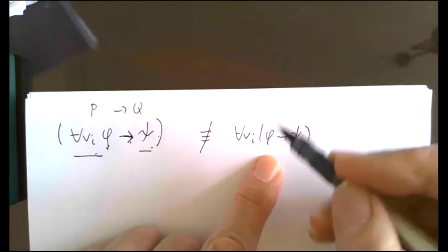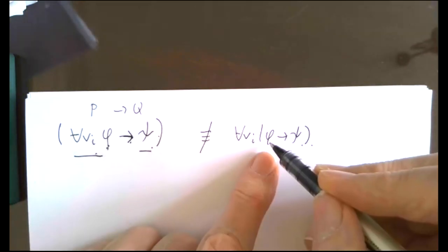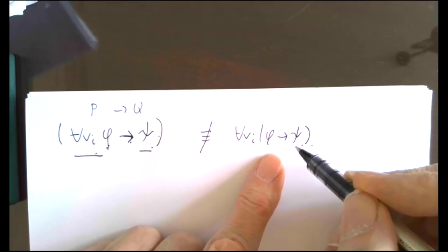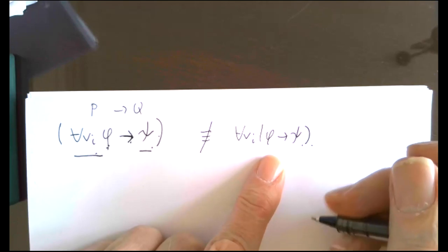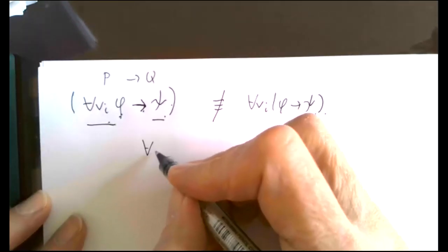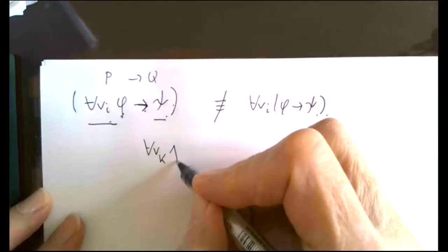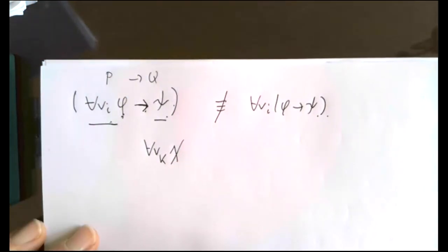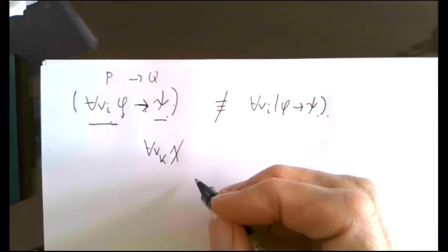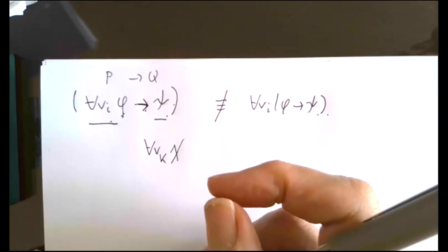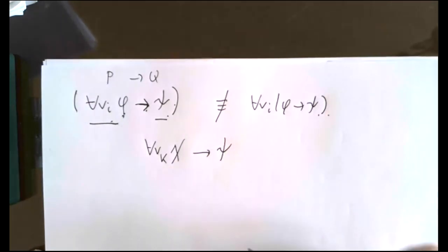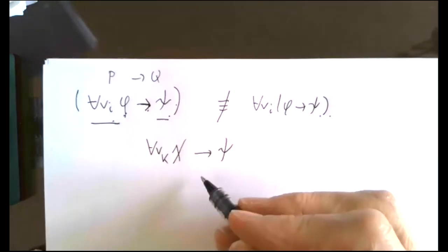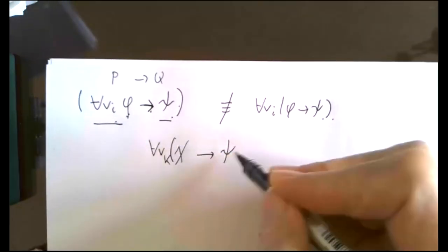Over here, this is saying for anything at all, if phi holds of it, then psi holds of it, which is entirely different. So the quantifier just refers to the thing that immediately follows it, and I don't need to put any brackets around; that's just the way we've defined it. So this is not the same as this.